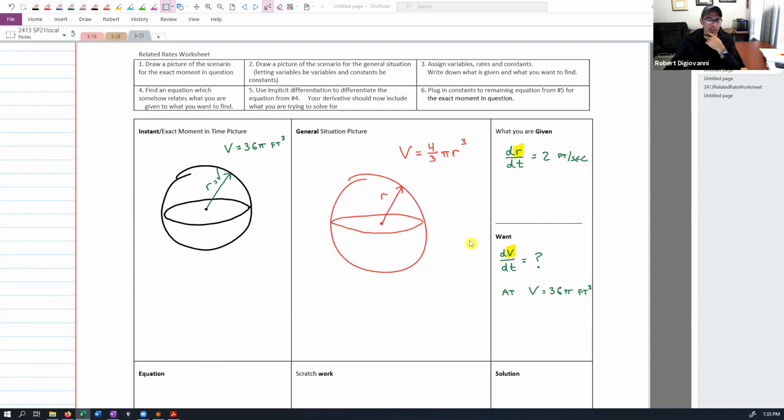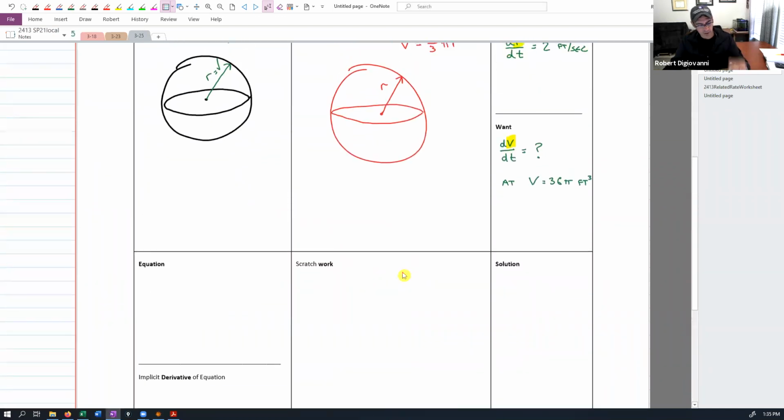Look at what we wrote down in the general picture, Brian. Volume is equal to 4/3 of pi times r cubed. There you go. That's an equation that relates those two variables together, right? For a sphere. So there it is. We can use that equation, right? So let's use it. We're going to write it down here: V equals 4/3 pi r cubed.